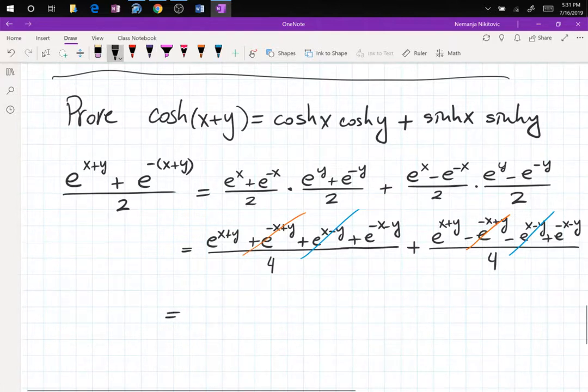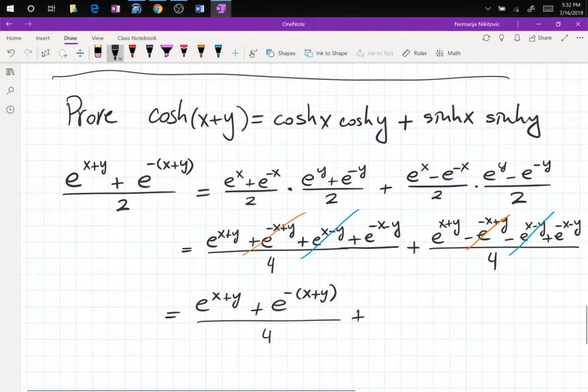So you're left with e to the x plus y plus, and now I'm going to factor out negative. I'll have e to the negative x plus y in parentheses. Everything divided by 4. Oh, that looks almost exactly as that one. The 4 over there is messing things up. Let's see what we get on the other one. Well, the same thing. e to the x plus y plus e to the negative x plus y when you put the negative out over 4.